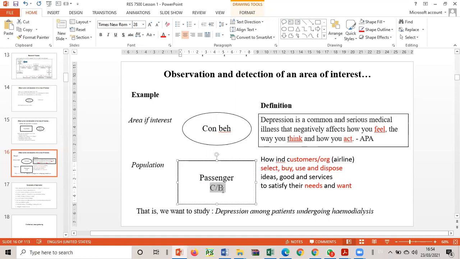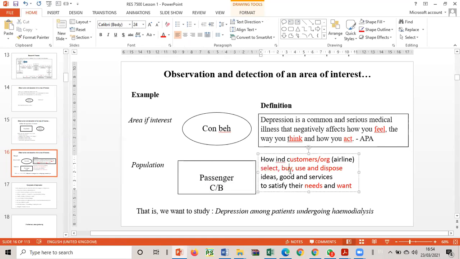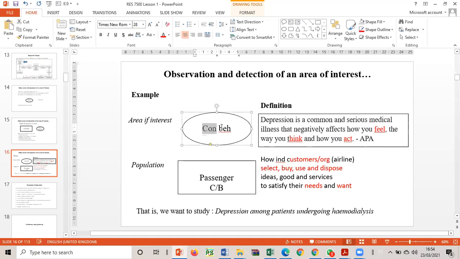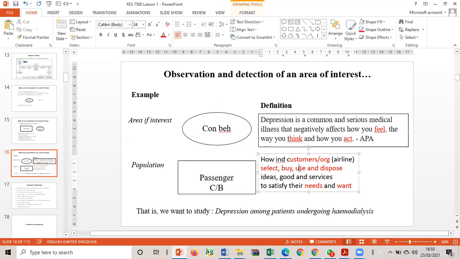I have not ventured into that yet. No, but only those using it. Yeah. Only those using it. How they select, how they buy, use, and dispose. So now the consumer behavior of whom? These airline passengers. In what? In selecting, buying, using, and disposing.